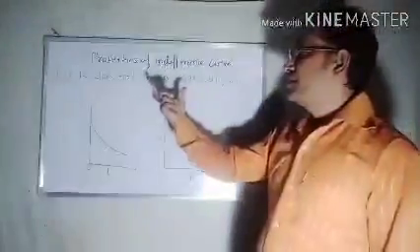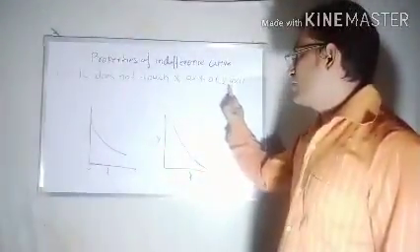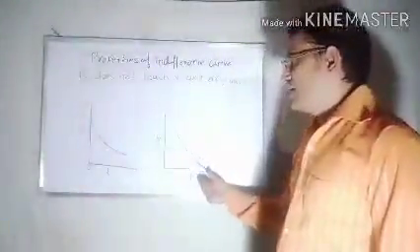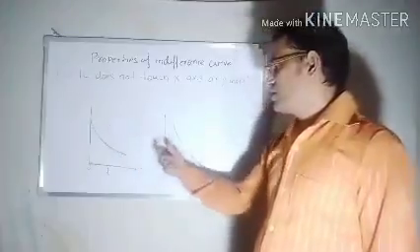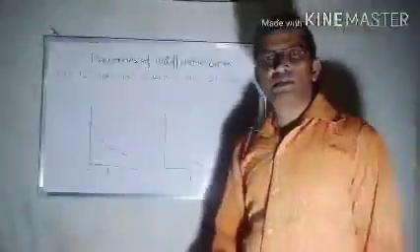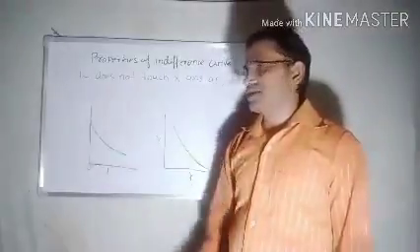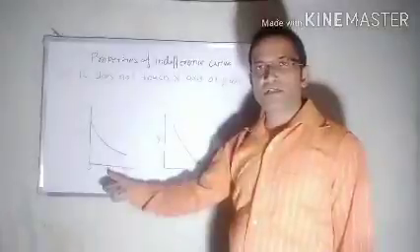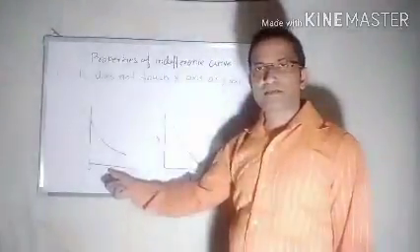Now the next and the last property: IC does not touch the x-axis or y-axis. You can see in the figure that the IC curve does not touch any axis, whether it is y or x. It means that if IC is touching the y-axis, the consumer is not purchasing any quantity of x.